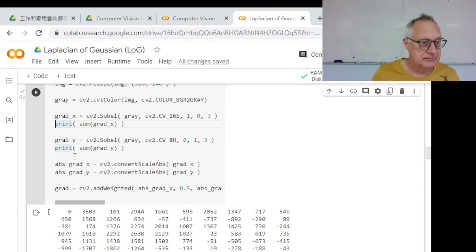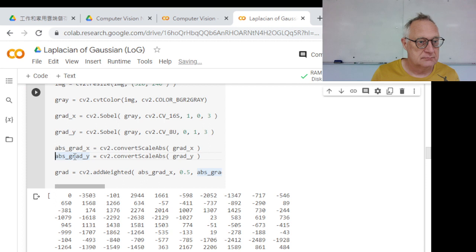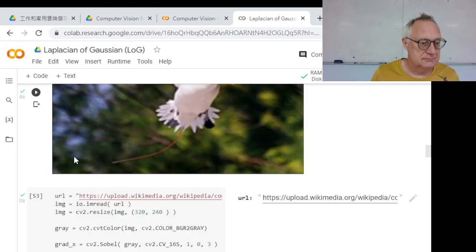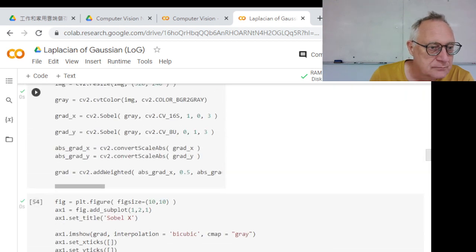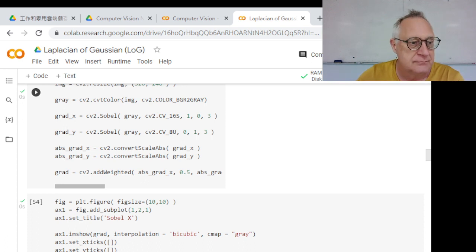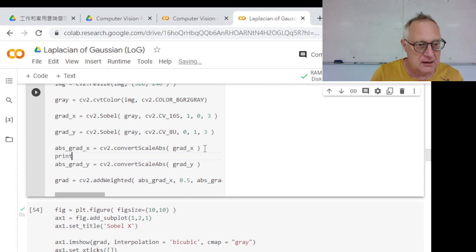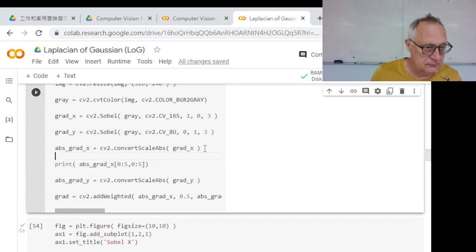Okay, that's abs x, abs y. And here we add together the x and the y gradients after scaling them. And you can look at the scaling operations.